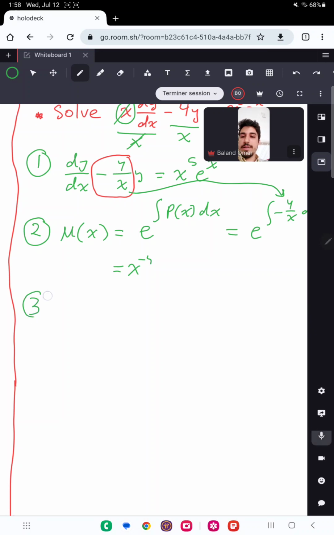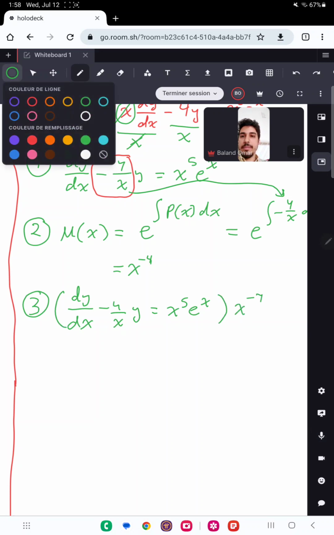Now, the third step is to use this integrating factor by multiplying it with the equation. So we multiply it with the equation we have. So this is the equation. We multiply it, all of it, by x to the minus 4.